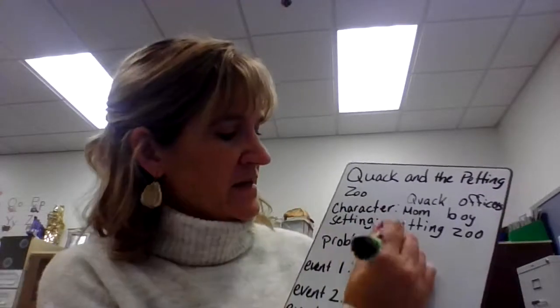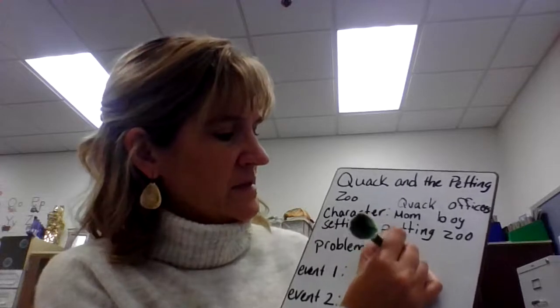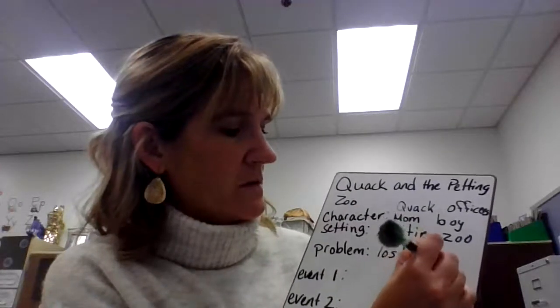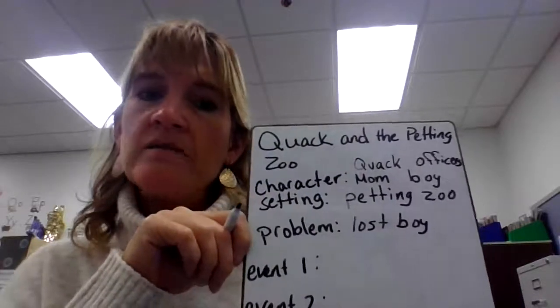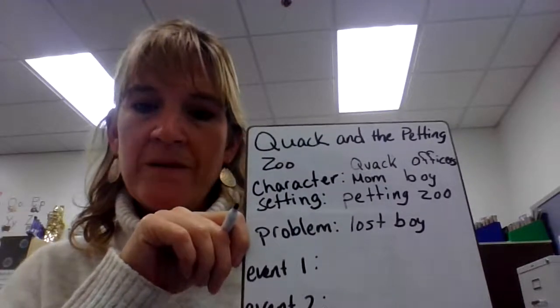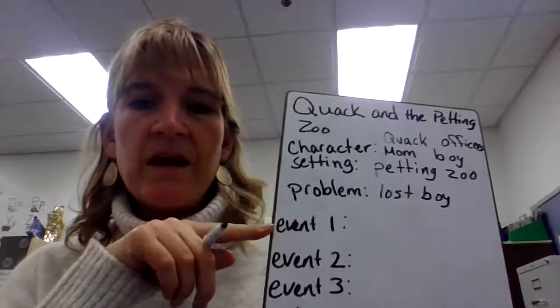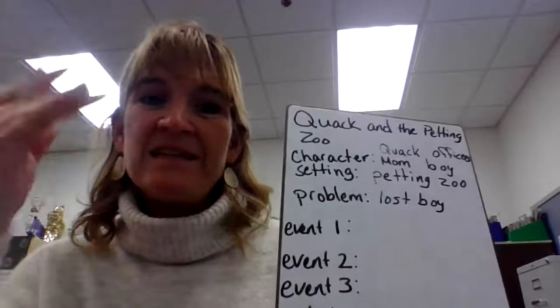So I'm going to write down the key word here, I think, is lost boy. And that's going to help me remember that there's a lost boy in this story. All right, and our event 1. That's going to be the first thing that happens after the boy was lost. And this is where we might have to go back and do some reading. So let's go back.